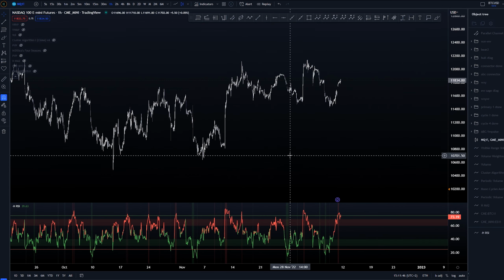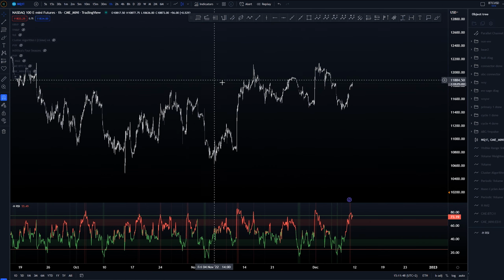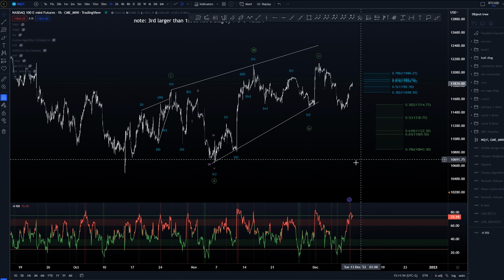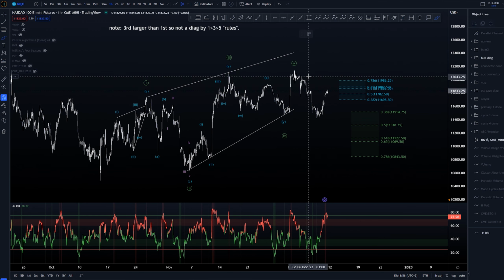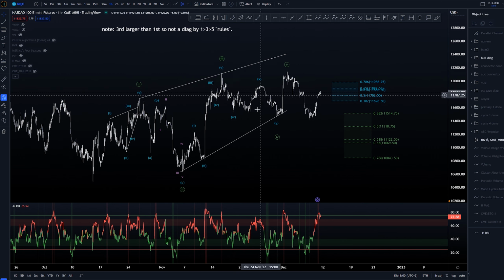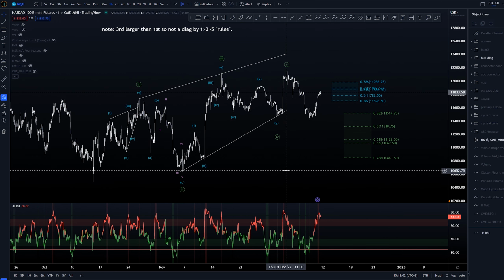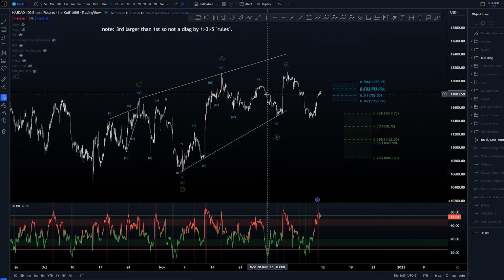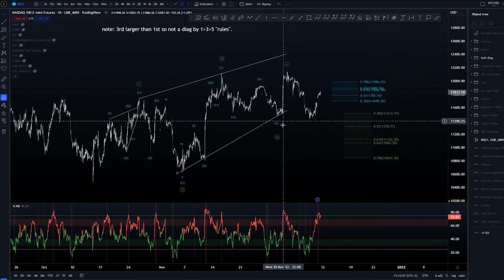So what do we actually have here in the form of counts? We had invalidated a couple of different things. One of them was related to the bearish counts, but let's go through all of these since we haven't covered this in a few days, I guess. I think I did it last week as well.